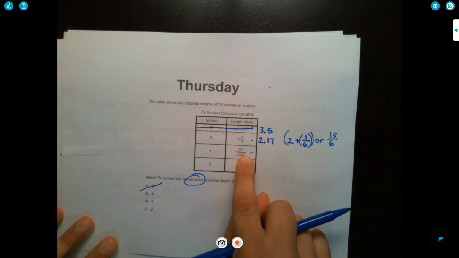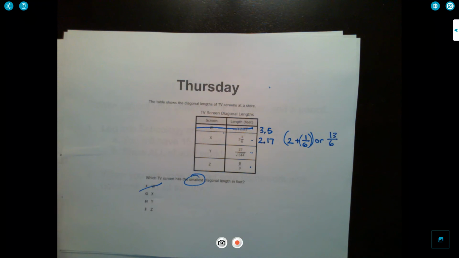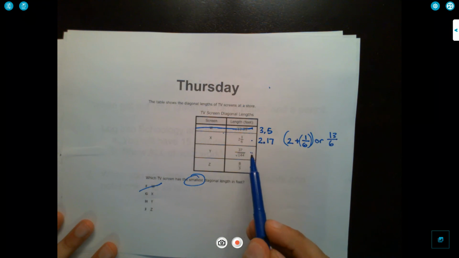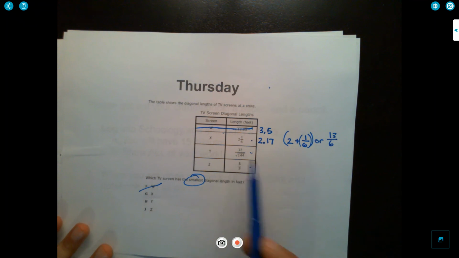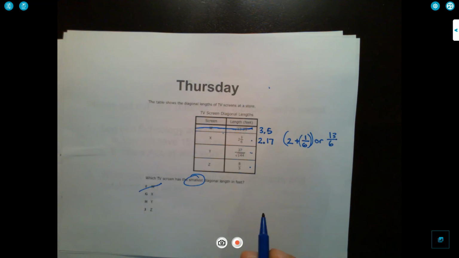I still have 37 divided by root 144. Make sure when you're typing these into the calculator, you type it in exactly how it's given to you. So we have a fraction, 37 over root 144. On your calculator, you would use the control and division symbol, and that sets up your fraction.